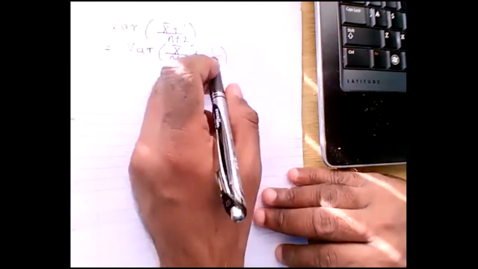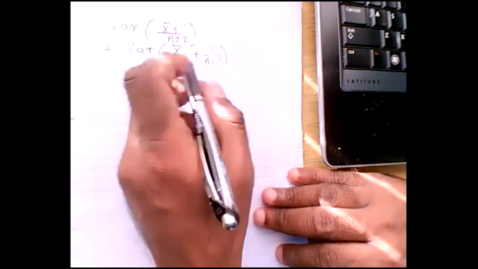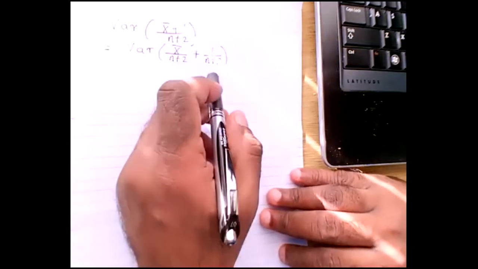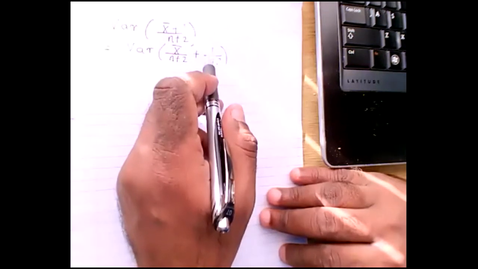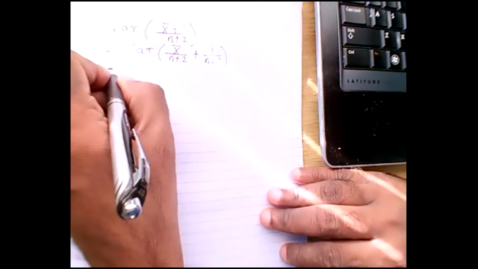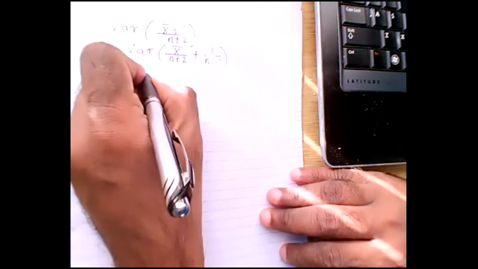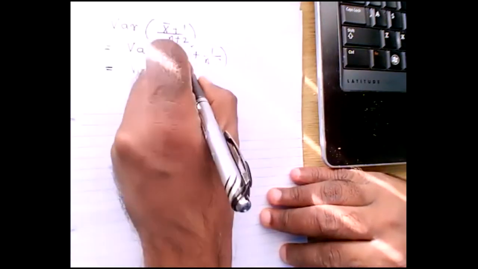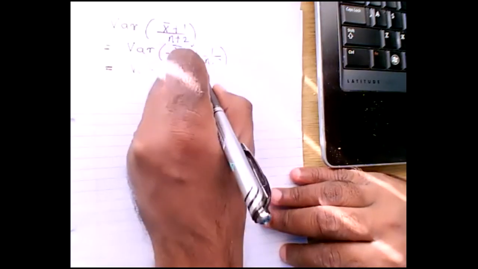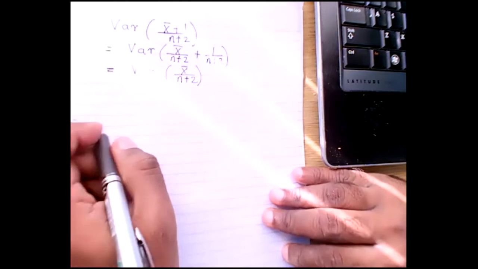Okay, now this is a constant, right? So remember, the variance of a random variable plus a constant is the same as the variance of the random variable, right? So this you can write as the variance of x bar plus n plus 2, because of what I just said.